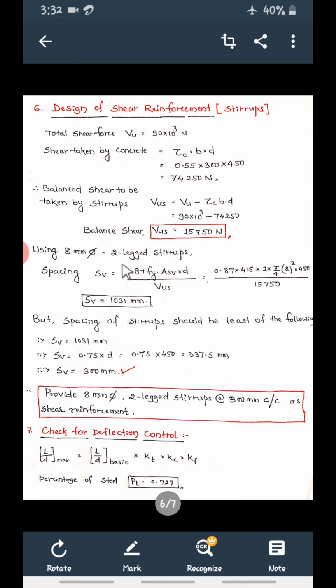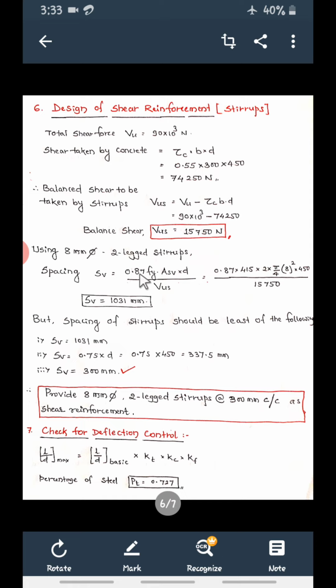Now find out the spacing. Once this balance shear is known, to take this balance shear, first assume the bar diameter of the stirrups. Normally 8 mm or 10 mm diameter bars will be assumed for the stirrups. So using 8 mm diameter two-legged stirrups, hope you already know two-legged stirrups, spacing Sv equals 0.87 Fy Asv into d divided by Vus, that is balance shear.